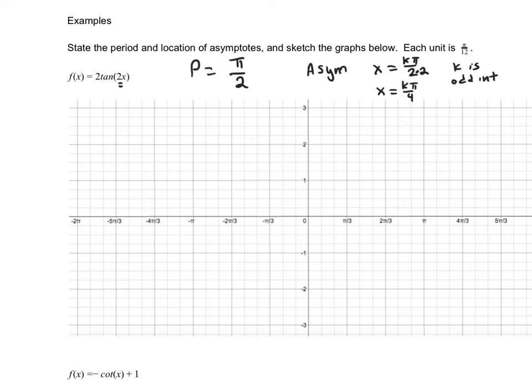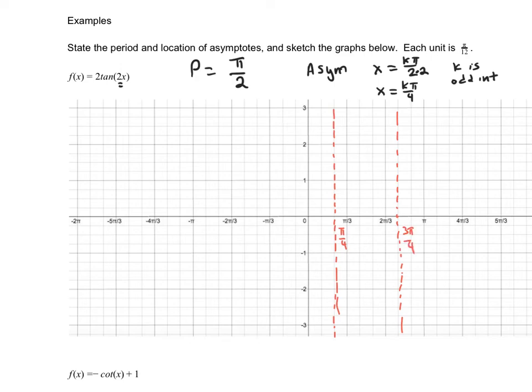So 1/4 pi, I believe, is right here. This is not the best grid, but we'll label it. So that's pi over 4. We'll have 3 pi over 4, which should be slightly after 2 pi over 3, I believe. So there is 3 pi over 4.